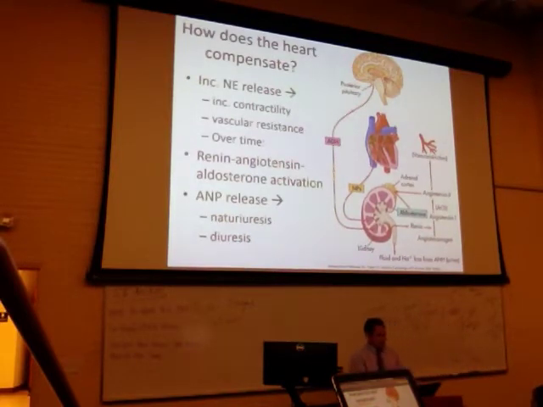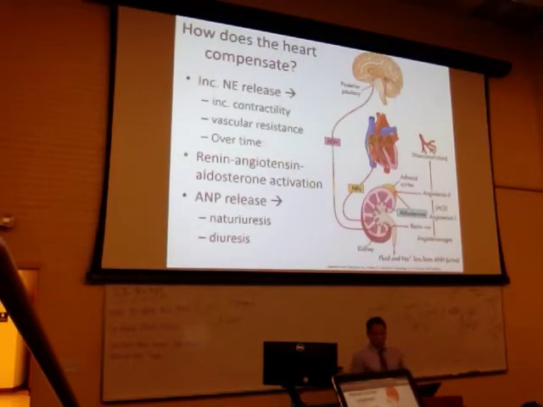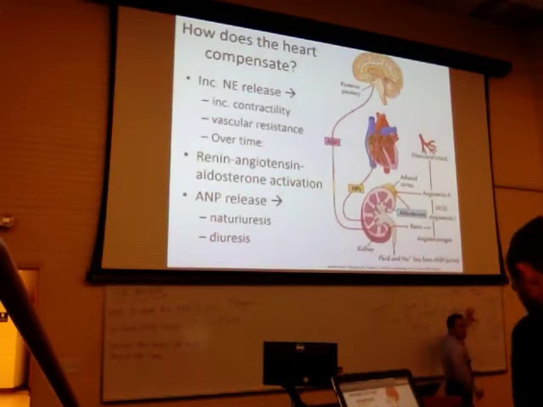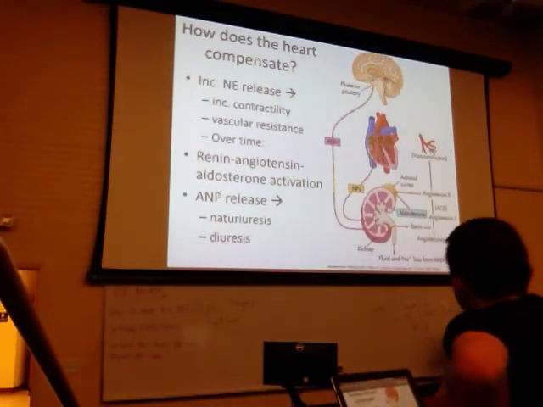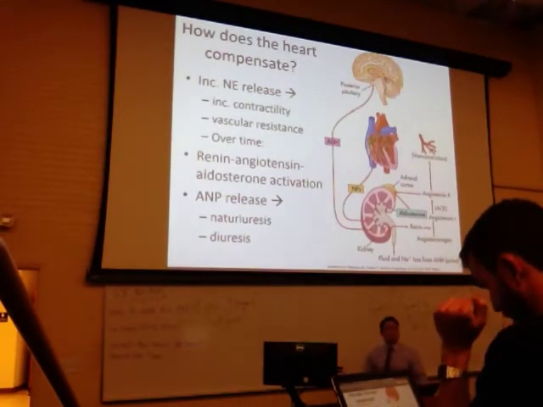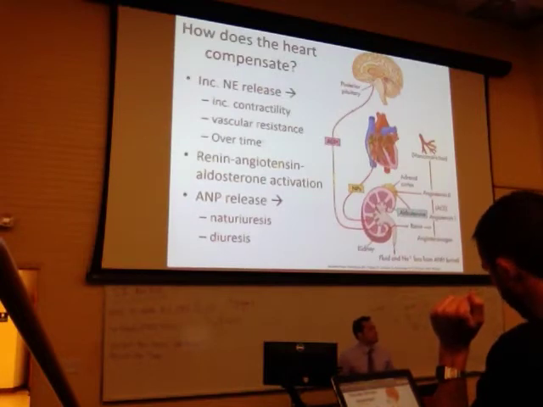It increases the contractility of the heart, so the heart beats more forcefully. So in this situation, if there's a load coming back on the heart that's higher, and it beats more aggressively, it's able to push out more blood flow per unit time.